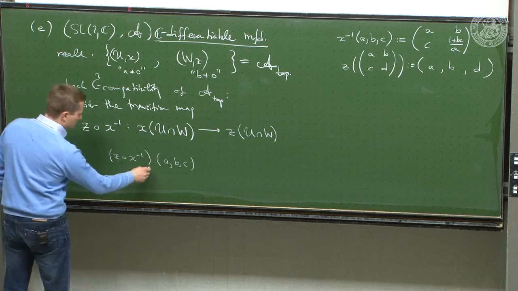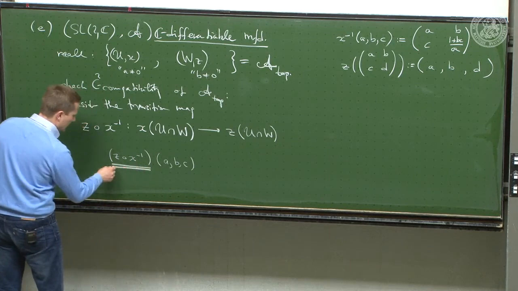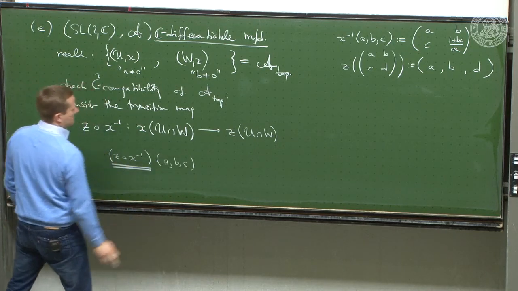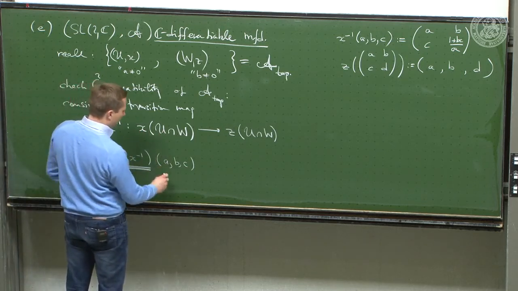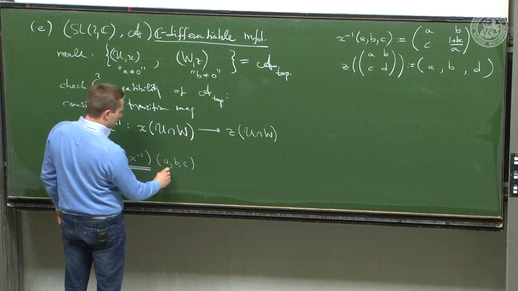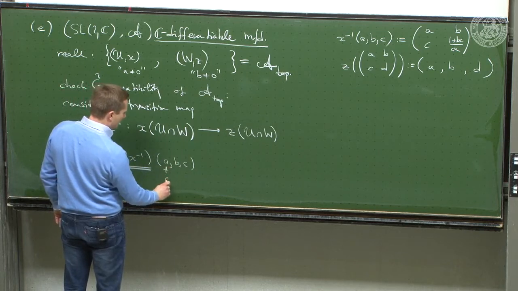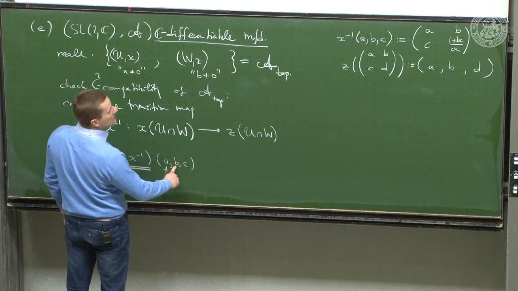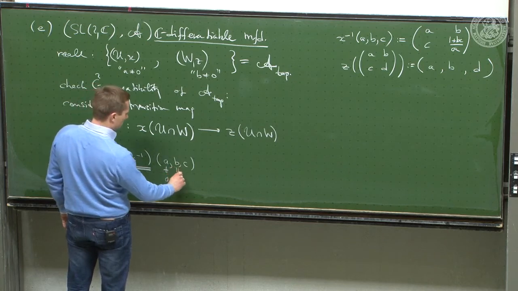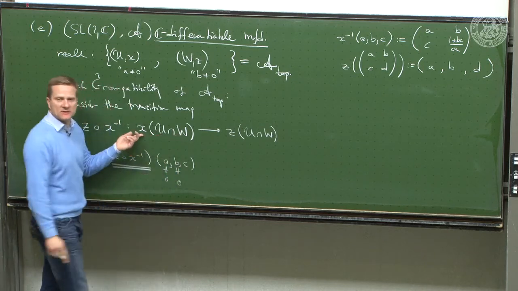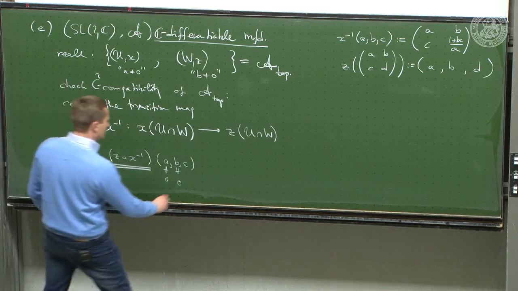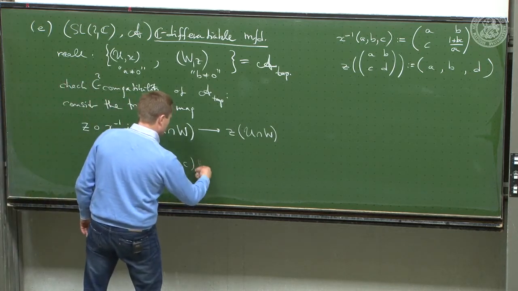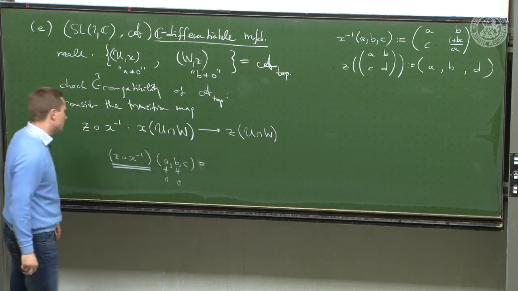We want to check what the properties of this are. Because this is the chart domain, and the intersection with here, we know that A is non-zero, and we know that B is non-zero as well, because it comes from the intersection.